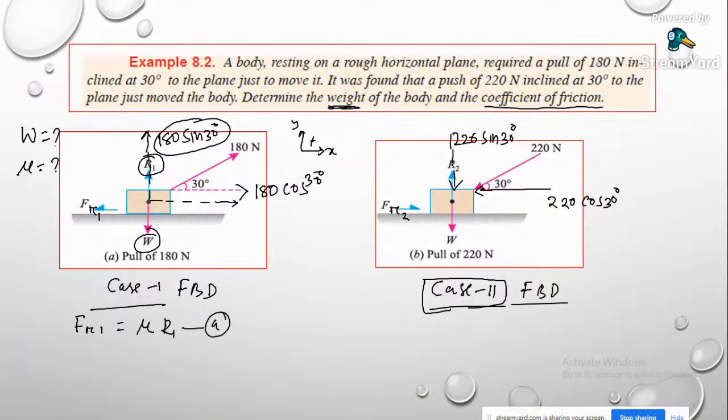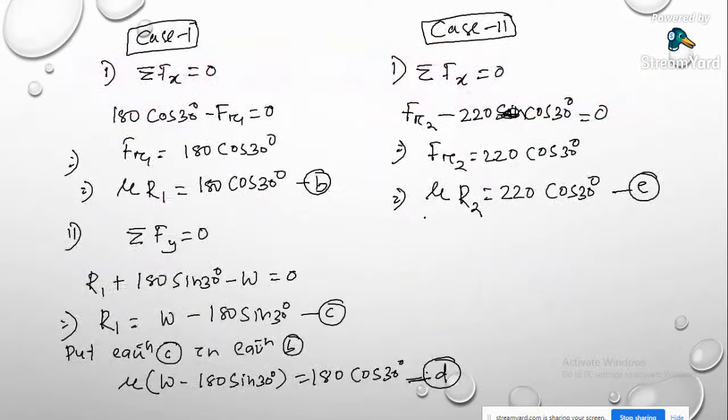Now what are the forces acting in the y direction? That is the weight, R2, and 220 sin 30. We can write that the summation of all the forces in the y direction is equal to 0.